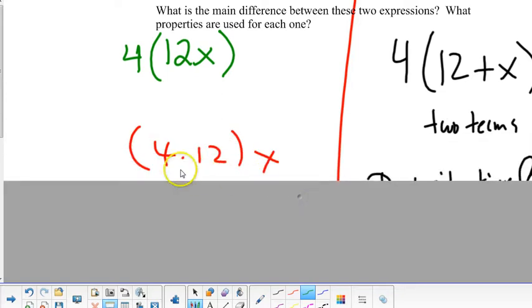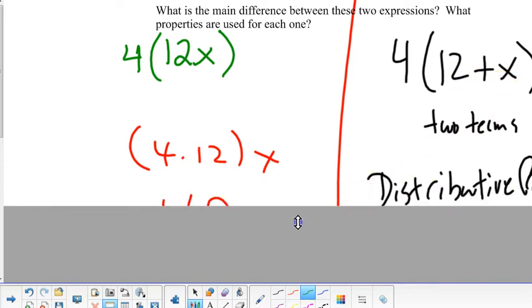If I take a look in red here, I've changed the green expression and regrouped the 4 times 12 because they were all multiplications. So now I'm going to group together the 4 times 12. Notice I haven't changed the order. So 4 times 12 becomes 48x. But on the right in black, because it has two separate terms inside the parentheses that I'm not allowed to add together because they're not like terms, I need to use the distributive property.